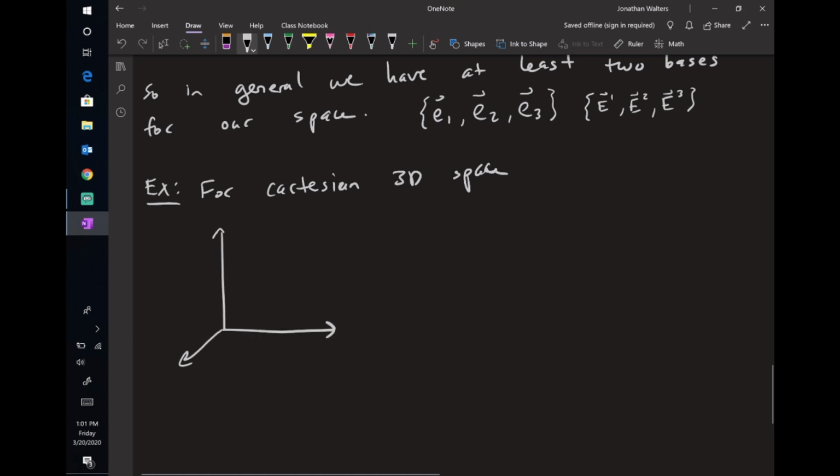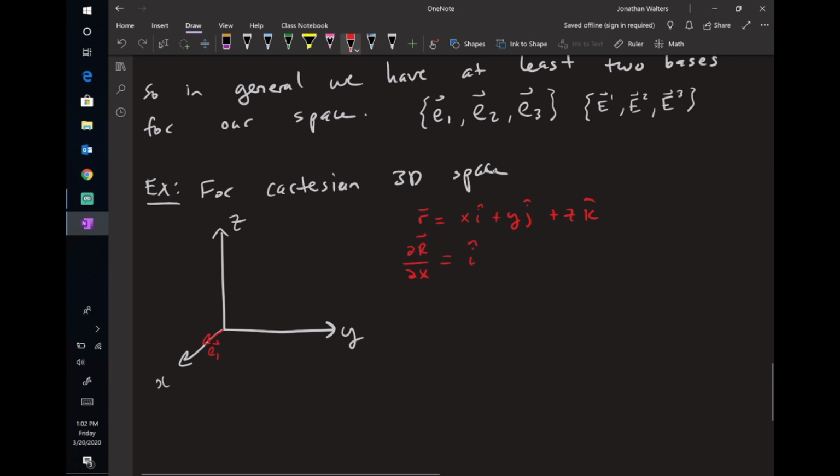The lowercase e1 is the x direction, e2 the y direction, e3 the z direction. So r equals xi plus yj plus zk. Take the radial vector and differentiate with respect to x.